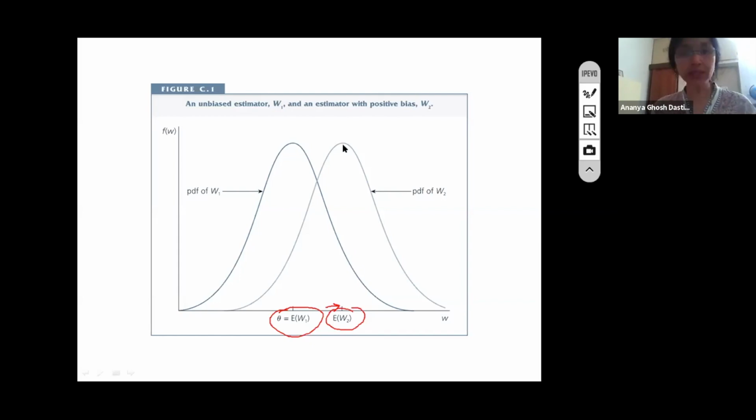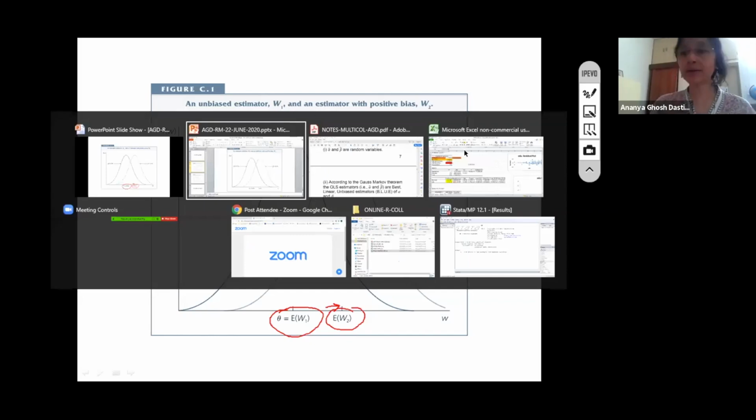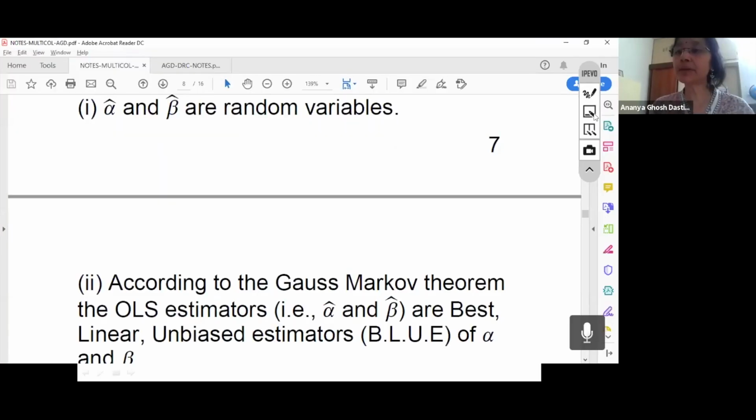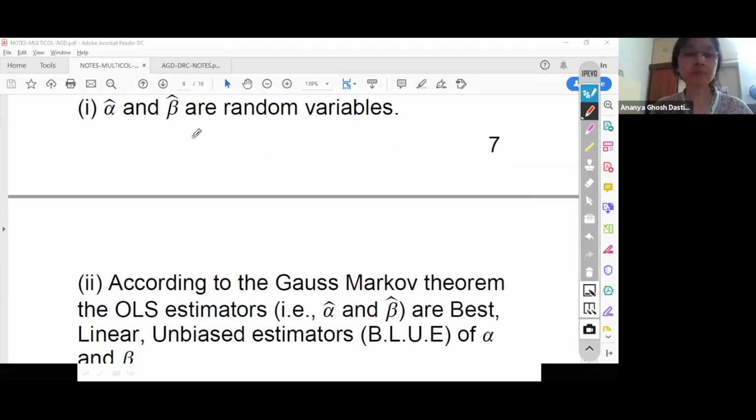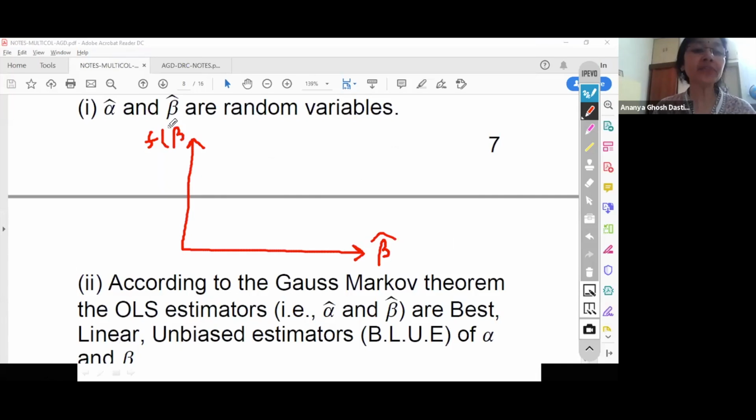To take you back to my OLS regression, please realize that the first of my Gauss-Markov results, given that beta hat is a linear combination of the y's, beta hat being unbiased essentially means that the center of the probability distribution of beta hat actually lies at beta. Now, beta hat has a normal distribution.